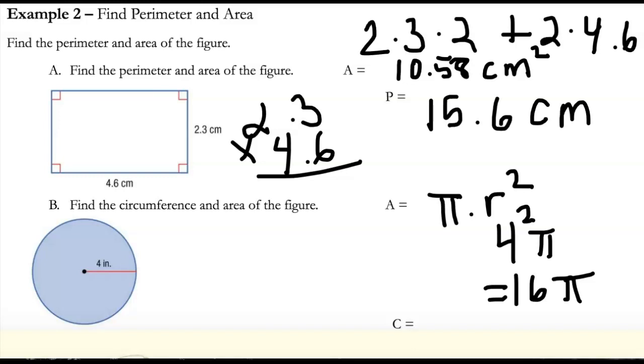When you go to multiply this, sometimes it's helpful to put a decimal point after the pi symbol, because then we'll get a decimal output. Area is 50.27 if we round, and we will say inches squared. For circumference, again, we can use 2 formulas if necessary.